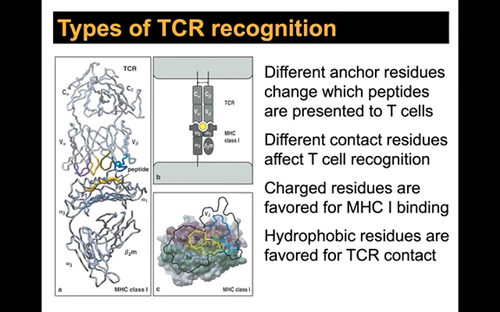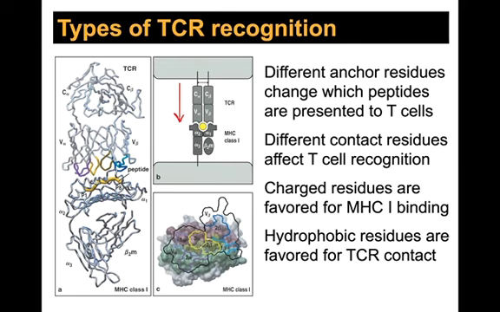When you look at what is actually being recognized here, you can see that the CDR3 in yellow are overlaying right on top of the peptide. This is sort of a silhouette: if you were looking straight down at what is being recognized, you're looking at where the different CDR3s overlap with the surface of the MHC.